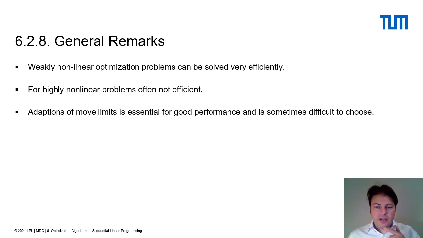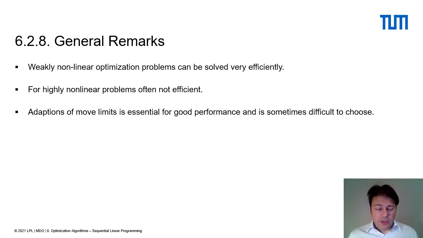Some final remarks on sequential linear programming. Sequential linear programming is very powerful for weakly nonlinear optimization problems. It can be very fast. However, for nonlinear problems, it doesn't work so well, and other methods are recommended, like SQP, which we'll be covering in the next 2 chapters.